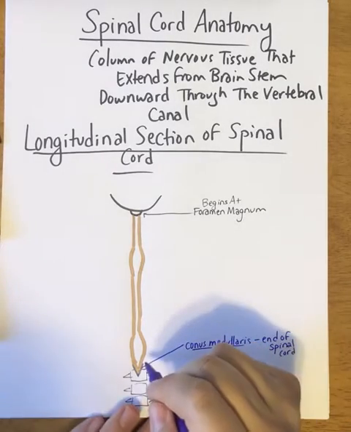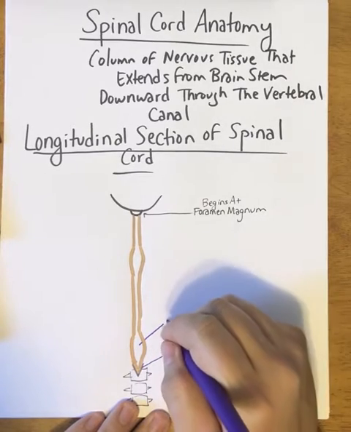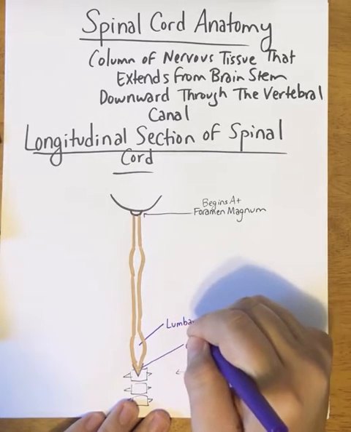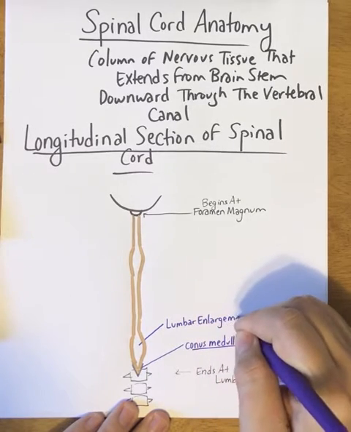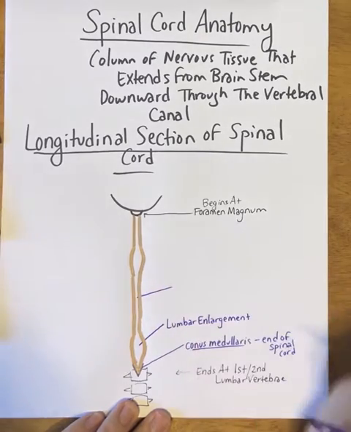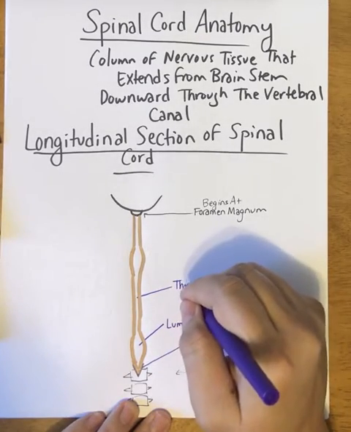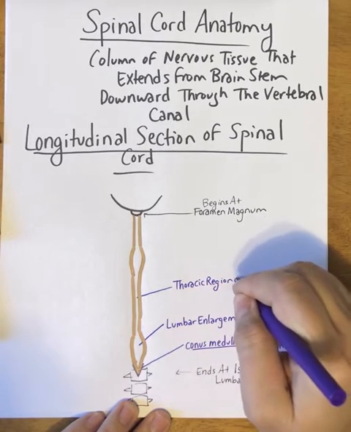Now, the area that's right above it is an enlargement, so we call this the lumbar enlargement. The region above the lumbar is the thoracic. It's not enlarged, so we just call it the thoracic region of the spinal cord.